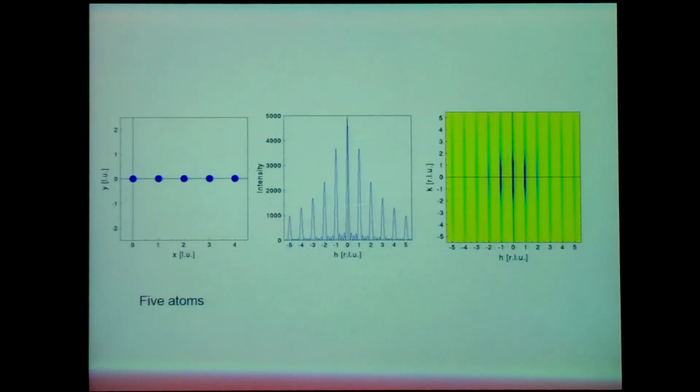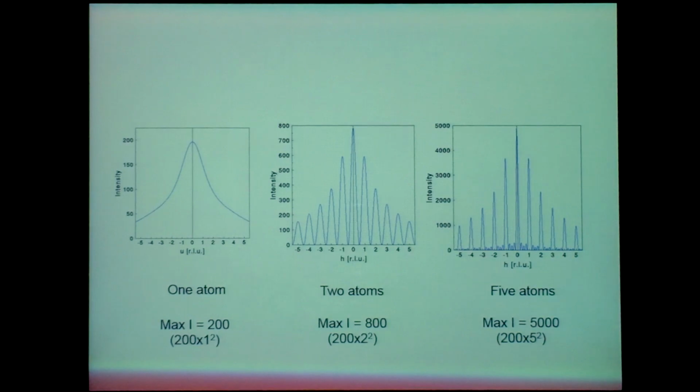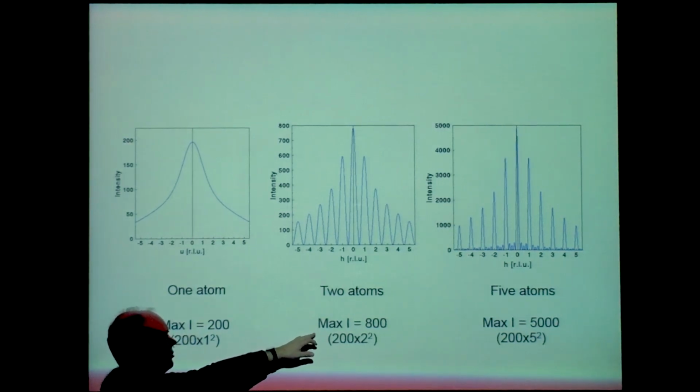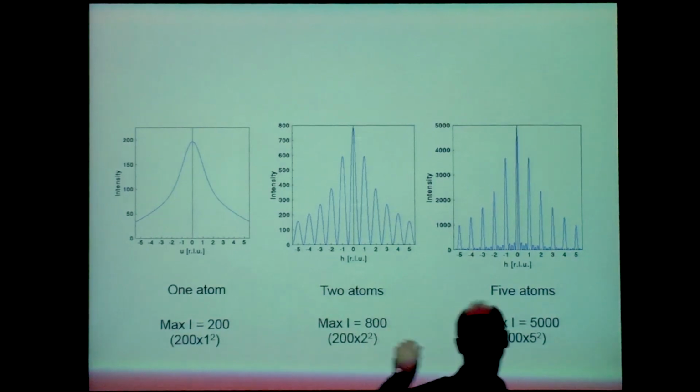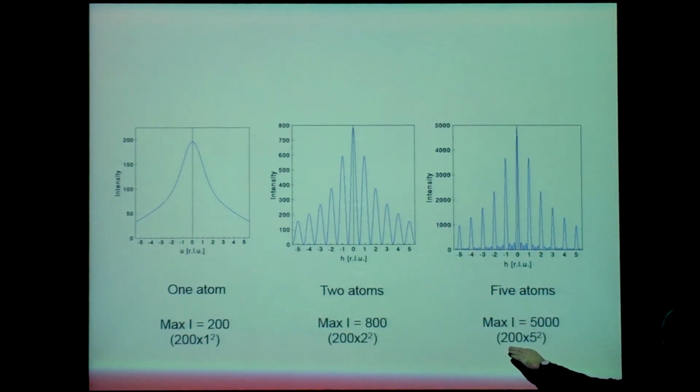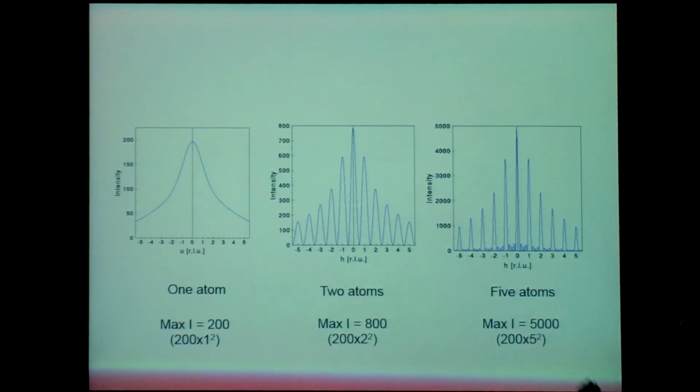If we go to 5 atoms, we get an intensity that looks like this. This is a one-dimensional case. You'll notice that the intensity has gone up to 5,000. What's happened is that we have gone from 1 atom with 200 intensity to 2 atoms, which is 200 times 2 squared, to 5 atoms, which is 200 times 5 squared.